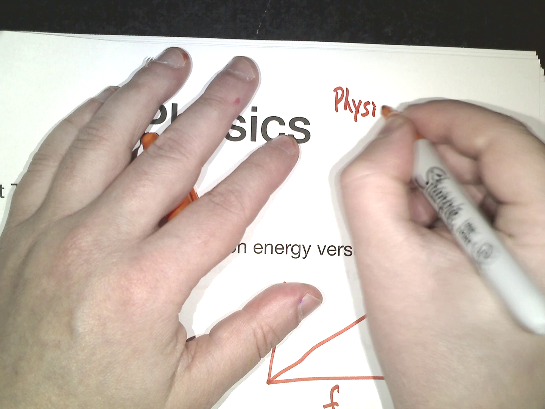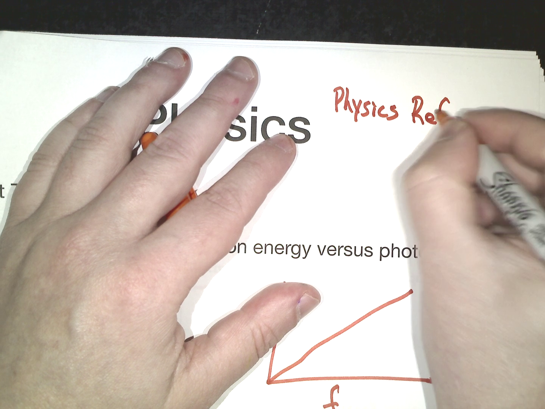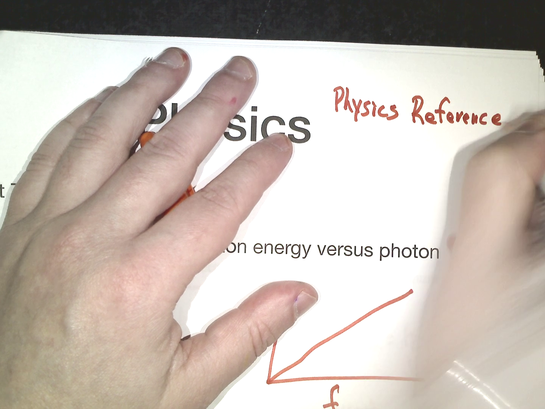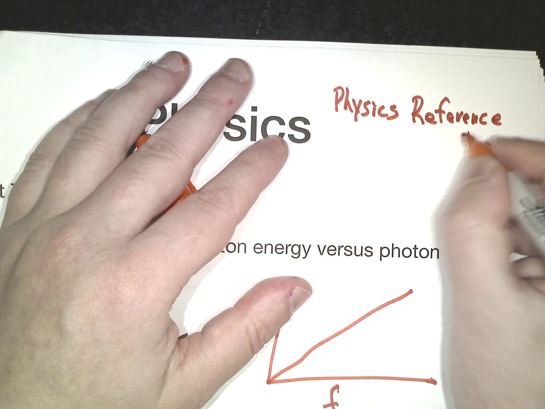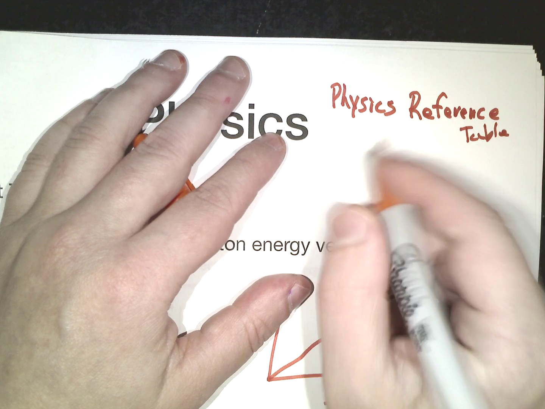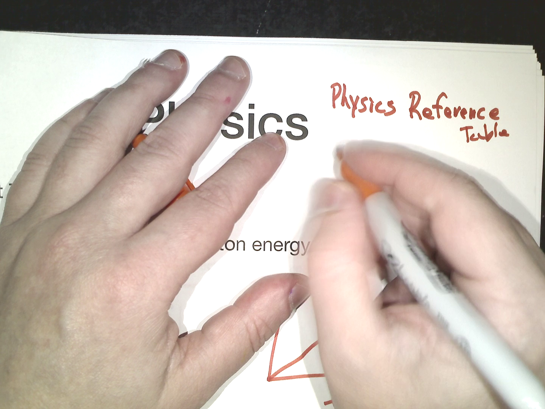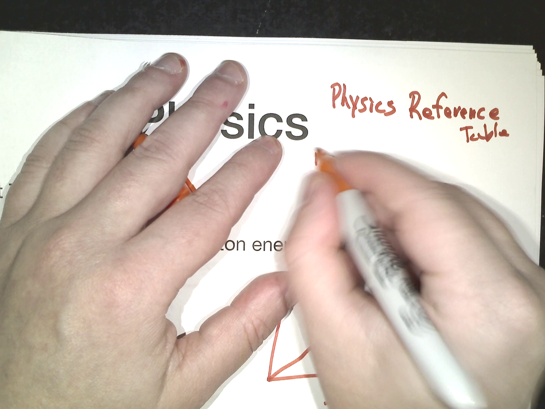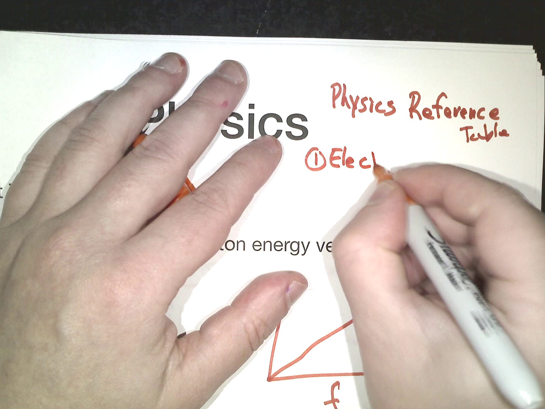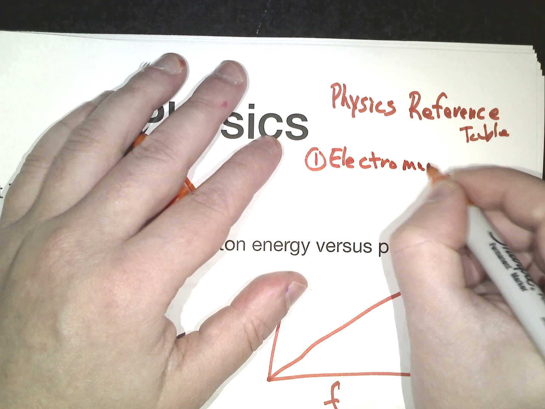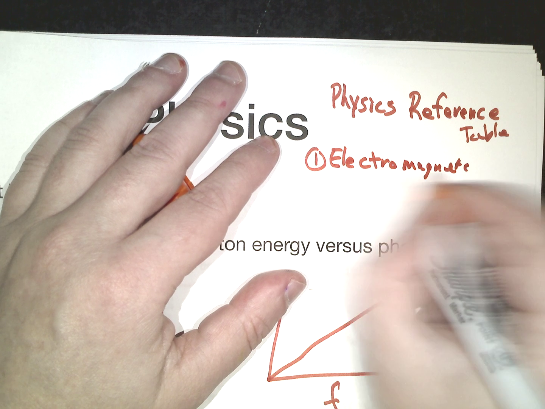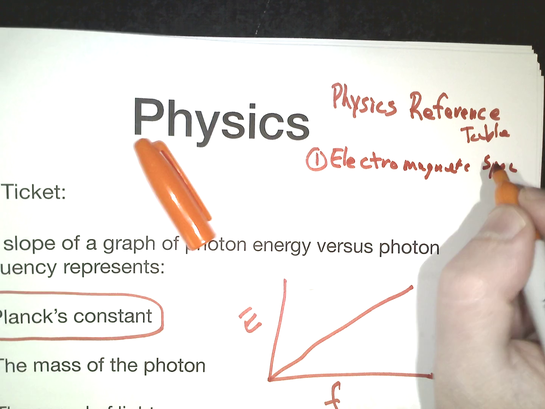Of course, we'll include it with the other materials that I'm sending. So get the physics reference table, and the one big thing I want you to concentrate on is the electromagnetic spectrum, which is on page 2.